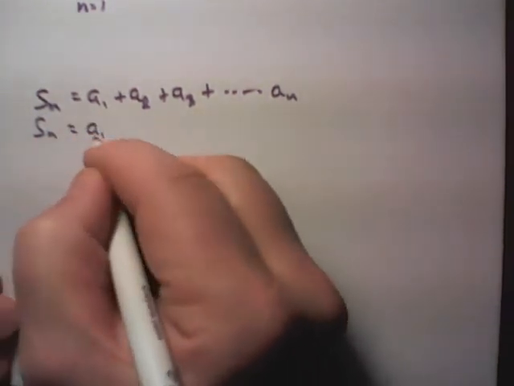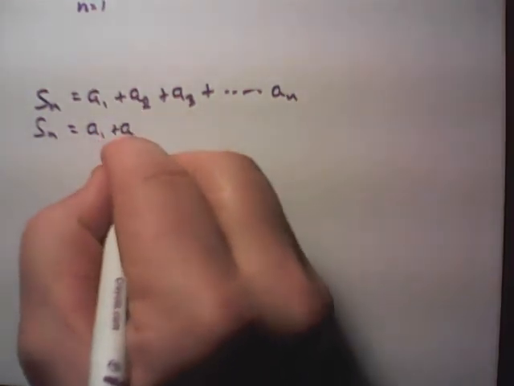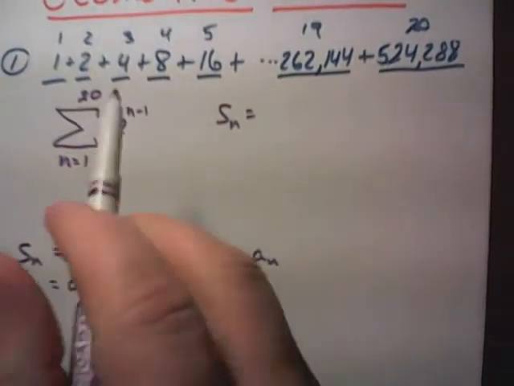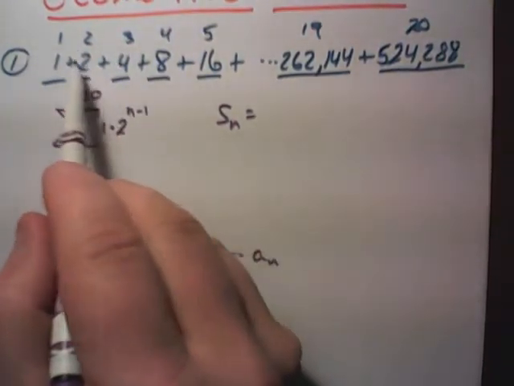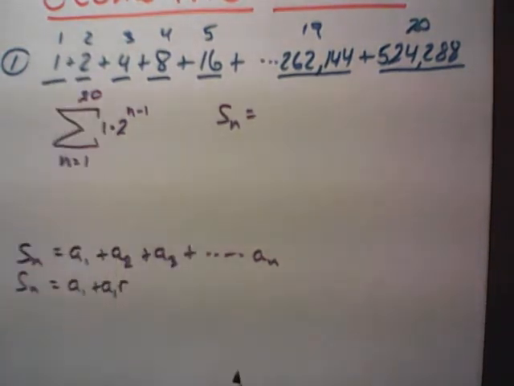We can be more specific here. We know the first term is a sub 1. The second term can be written as a sub 1 times r, the ratio. In this example, the second term is the number 1, the first term, times 2.